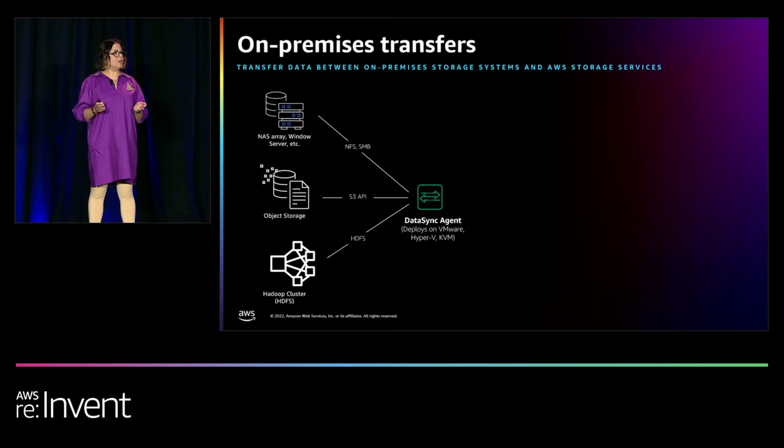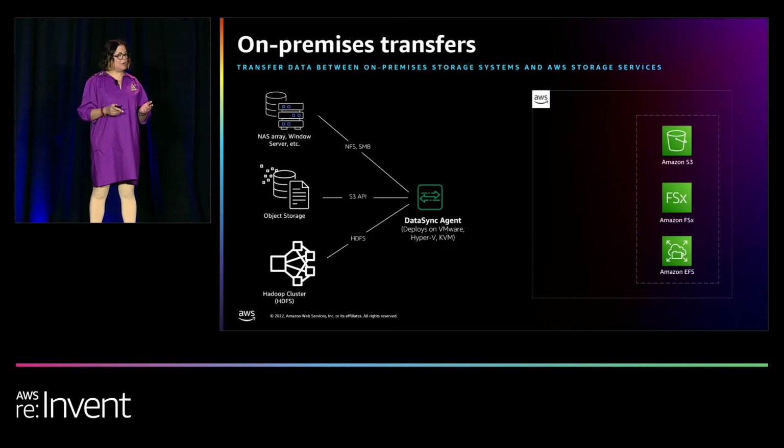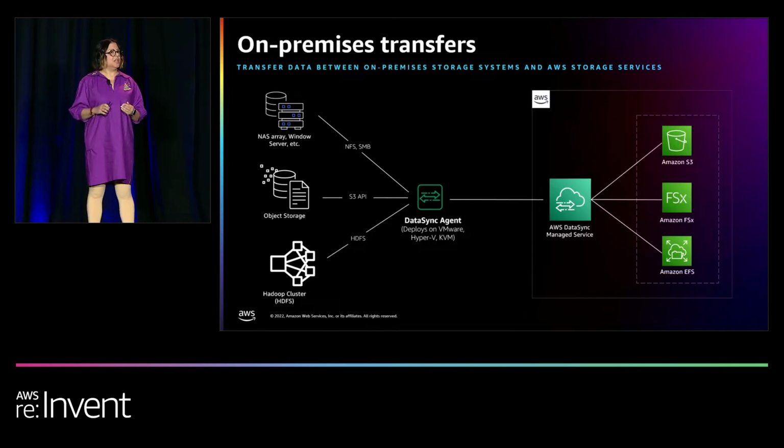So an AWS DataSync agent is a virtual machine appliance that you deploy into your preferred hypervisor. And today we support VMware, KVM, as well as Hyper-V. So once you deploy the AWS DataSync agent, it will connect to the DataSync managed service that is running on AWS.